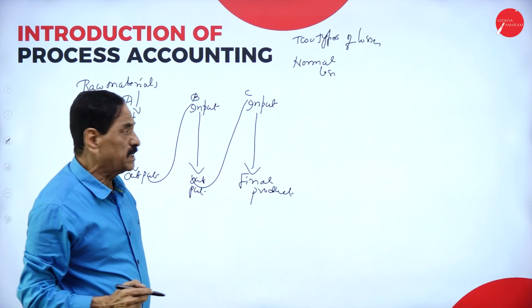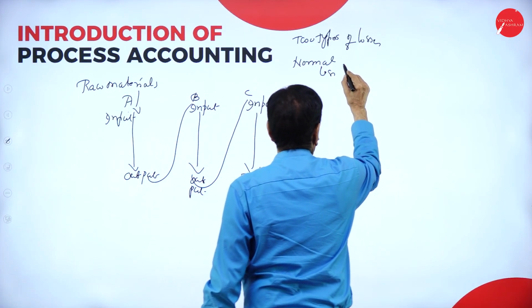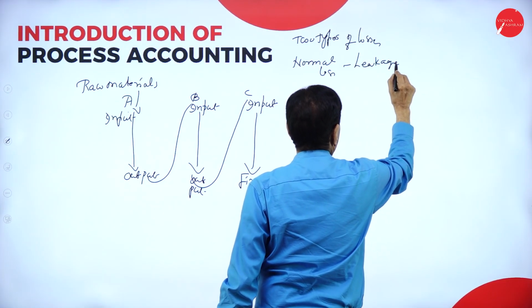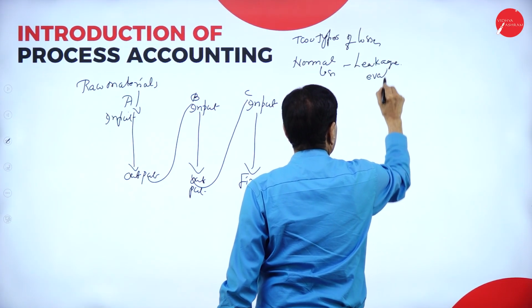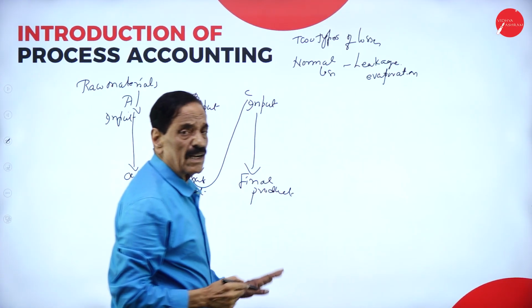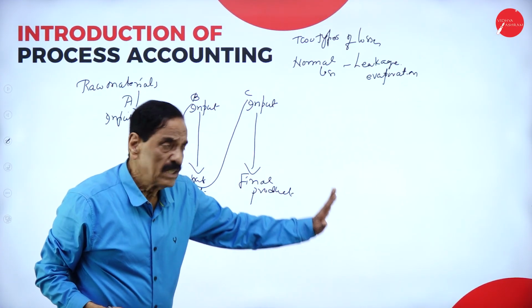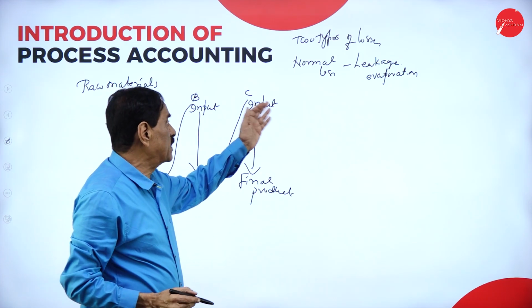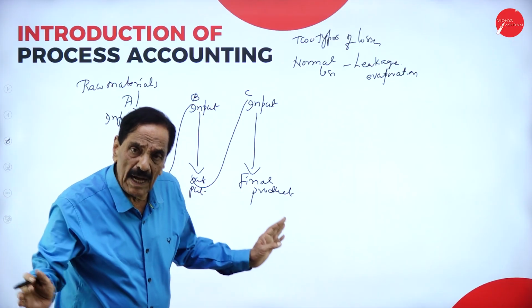What is normal loss? It means loss due to leakage, evaporation. It is a regular loss which cannot be avoided. So how does it happen? Due to leakage and evaporation, it is called normal loss, which cannot be avoided.